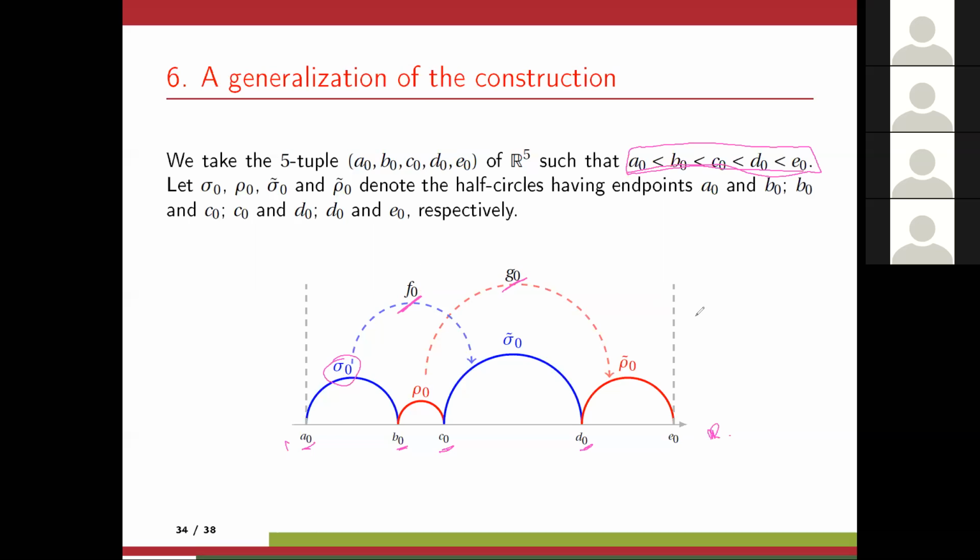Remember, when you take the group generated by F and G and take the quotient space given by this group and the hyperbolic plane, you have a surface topologically equivalent to the torus minus a disc. Okay, this is the first step.